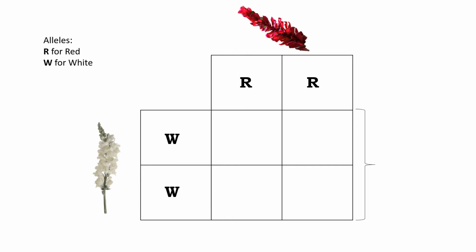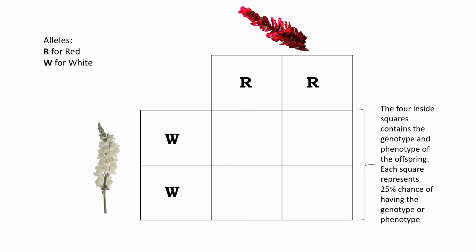These four blank squares contain the genotype and phenotype of the offspring later, and each square represents a 25% chance of having the genotype or the phenotype. So let us now start crossing the alleles.